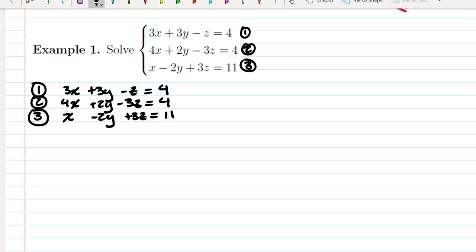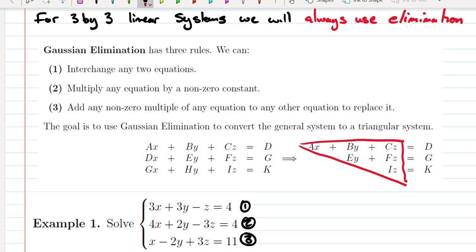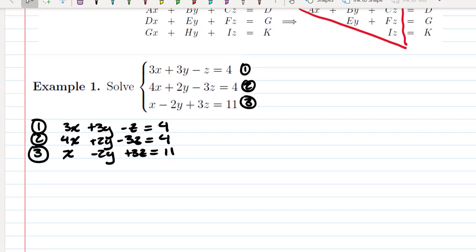So the first thing I'm going to do is interchange 2 equations. So by rule 1, I can interchange any 2 equations. So I am going to interchange equation 1 and equation 3. So when I do this, that means equation 3 is going to become equation 1, and equation 1 is going to become equation 3.